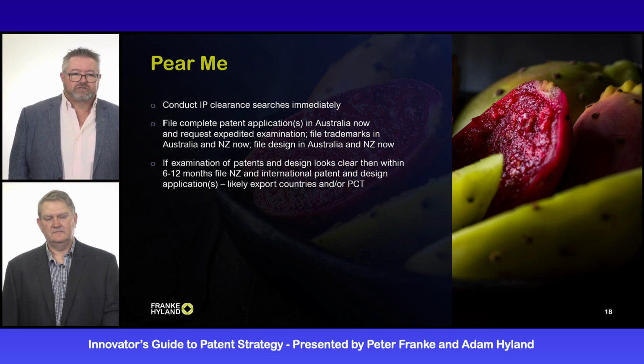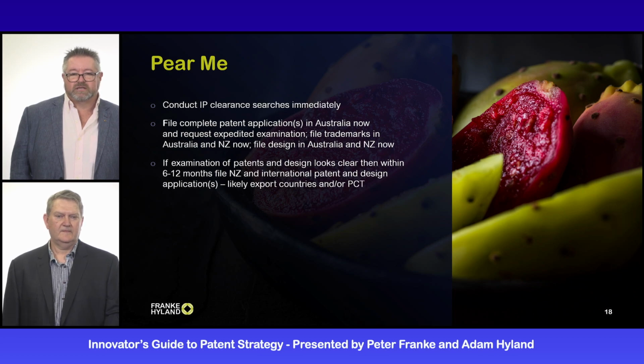And then take the odds to then filing the applications early in Australia and New Zealand. And then if we head on to examination of those applications and they look clear, then within 6 to 12 months, we might think about filing other international applications if the product seems to justify that as a step that will be taken later on.